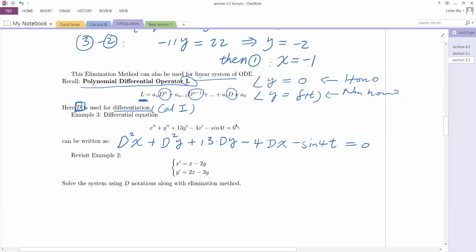Yep. Okay. And the good thing of using the D notation is once you introduce the D notation, it looks like an algebraic equation, because there's no primes you should be struggling with, and you see a bunch of D's. Is that good?